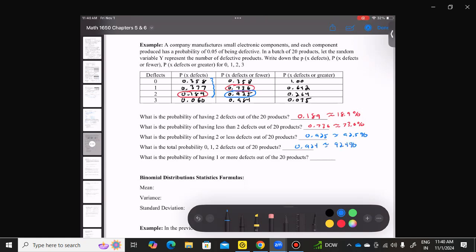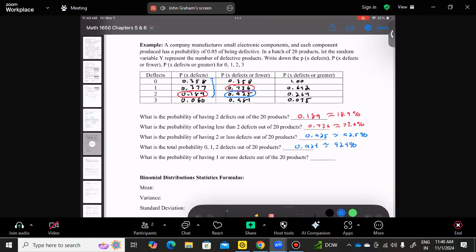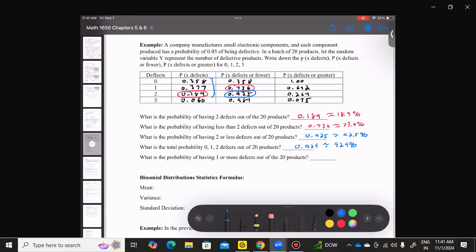Now, there's a little bit of rounding difference, but these last two problems were basically the same value, and the reason why is the probability of 2 or less means the total probability of 0, 1, and 2. So we could have just written the same number, because that's how the probability of x defects or fewer is found, by totaling up all the other probabilities.